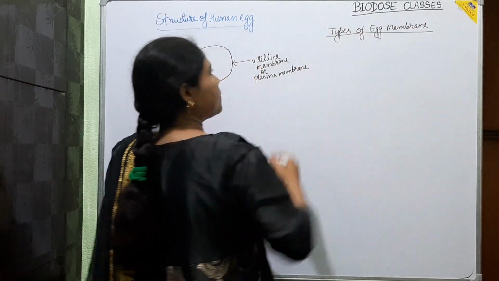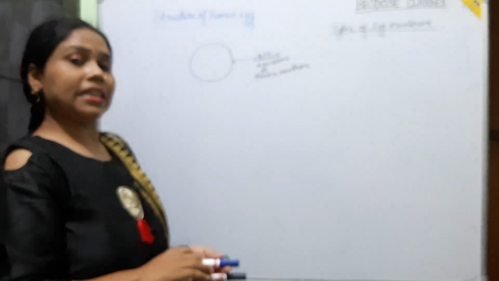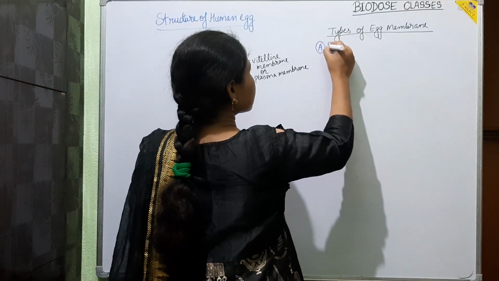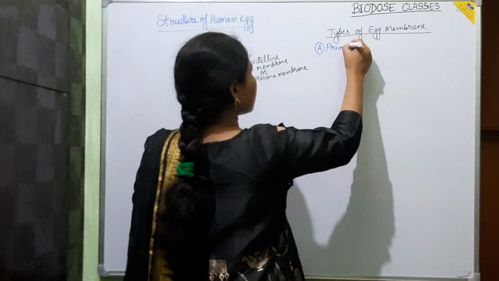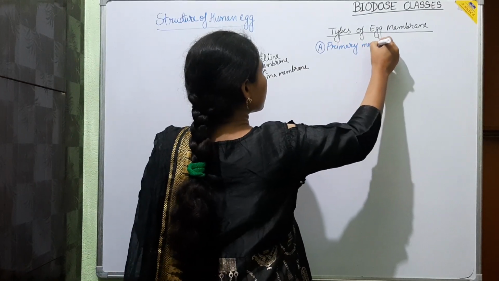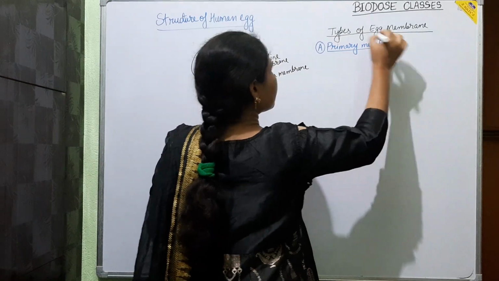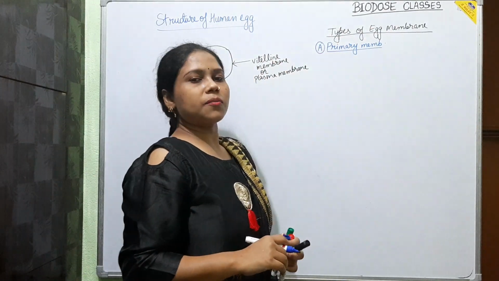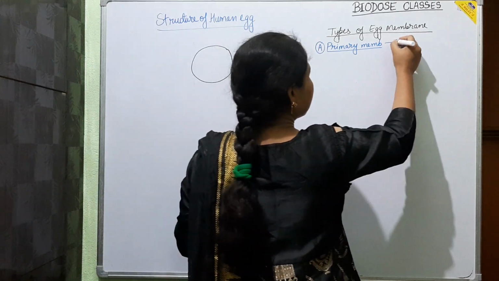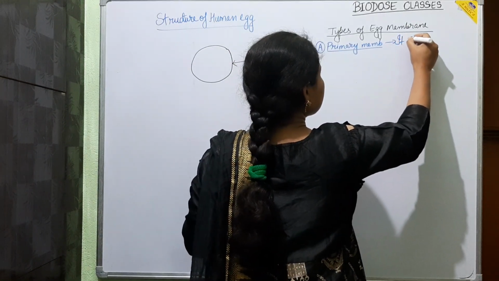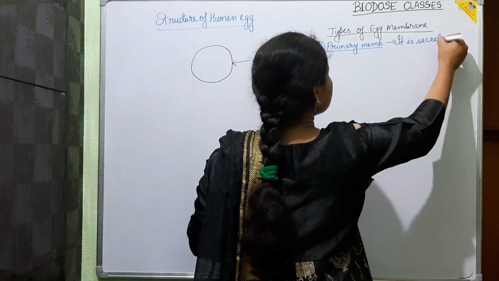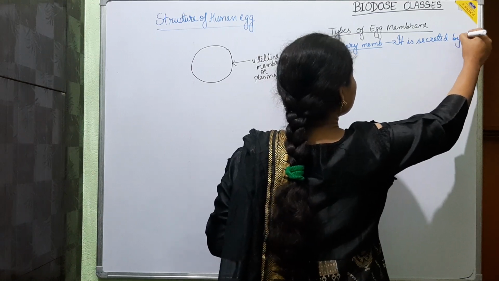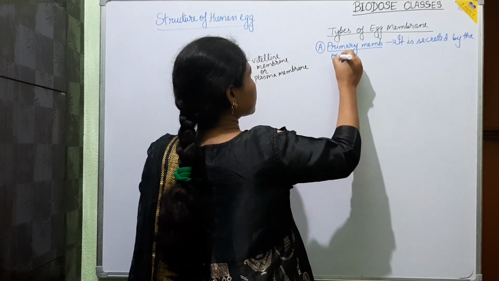The first type is known as primary membrane, which is secreted by the oocyte.